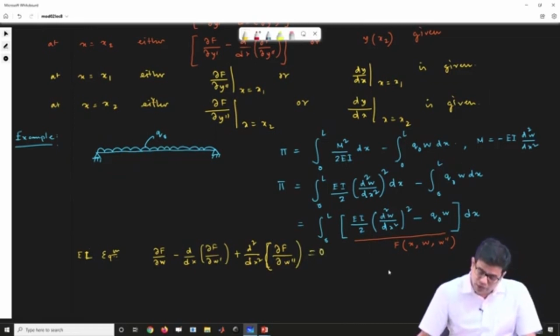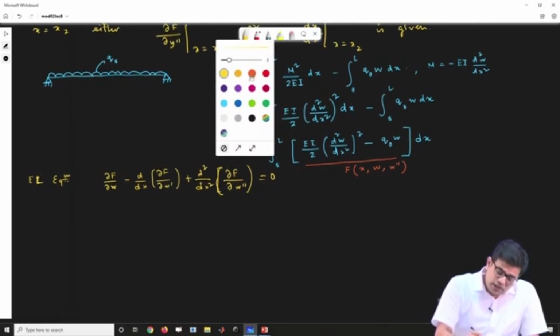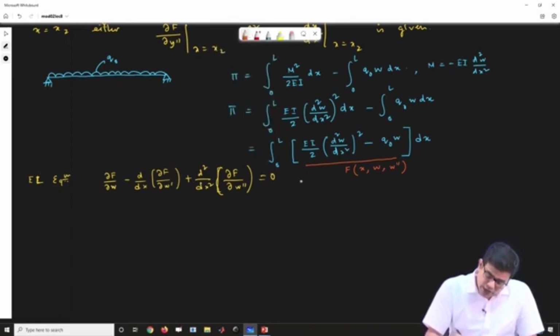So let us now substitute these quantities here, and I will get the Euler-Lagrange equation for the beam. ∂f/∂w is nothing but minus q0, right. So this is f, and ∂f/∂w is minus q0. Then minus d/dx of ∂f/∂w prime is 0, because f is not a function of w prime.